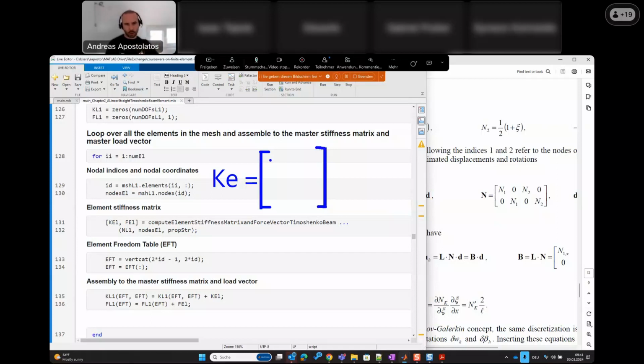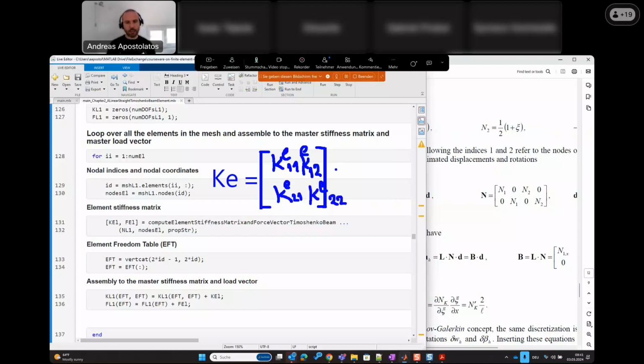So it doesn't have to do now with the beam or the plate or whatever. It's very abstract. So let's say this has an entry K11, this is going to be K12, this is going to be K21, and this is going to be K22.